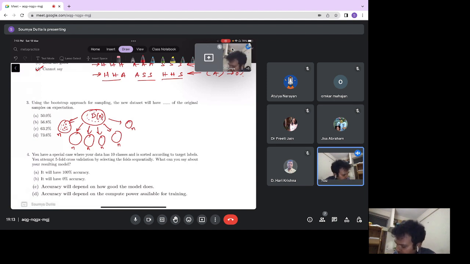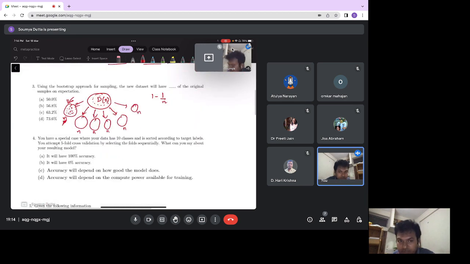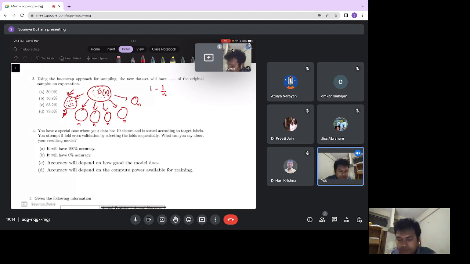So what is the probability of, let's say, one point getting selected in the first bootstrap sample you create? It is 1 by n, and therefore the probability of that point not getting selected in the first bootstrap sample is 1 minus 1 by n.